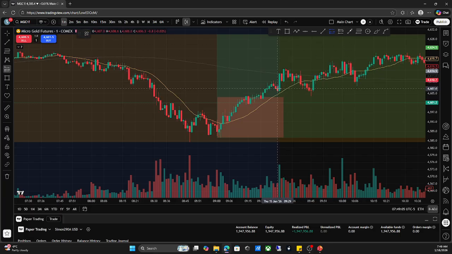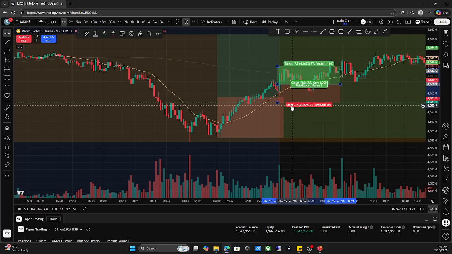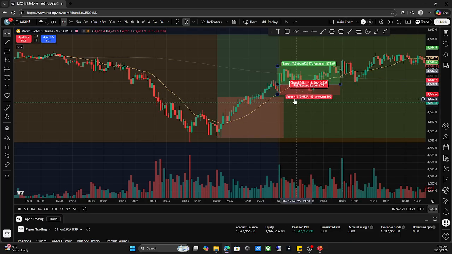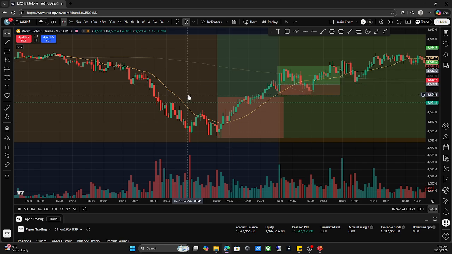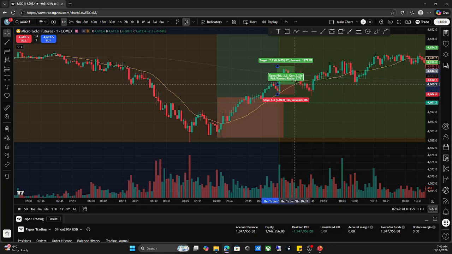I call this color change. With the breakout of the retest, I'll enter. I'll wait for the close. So this candle was pretty long. I'll probably enter here. Then 1 to 1 is maxed. 1 to 1.